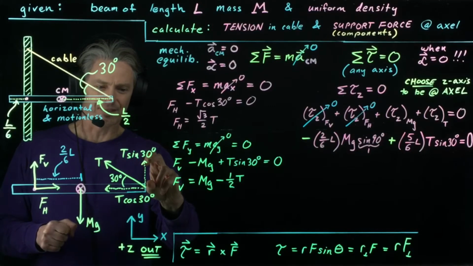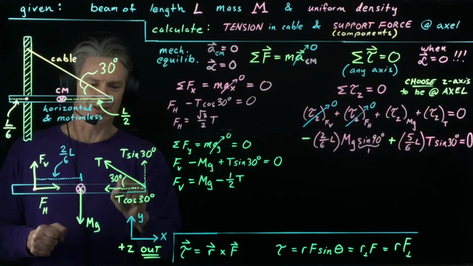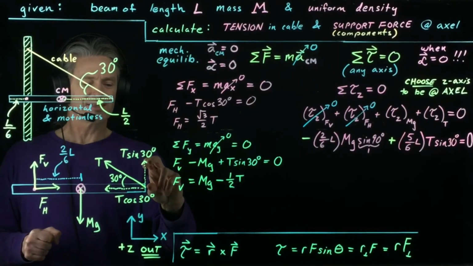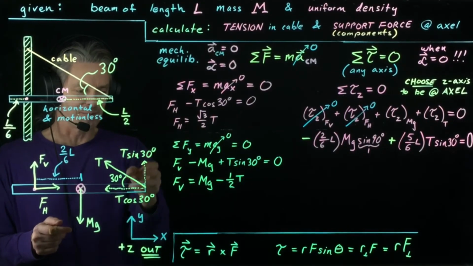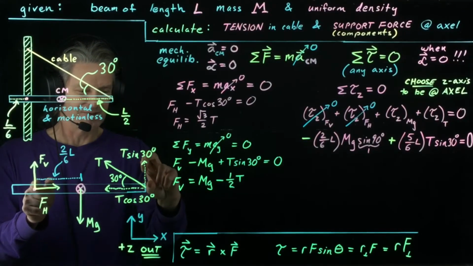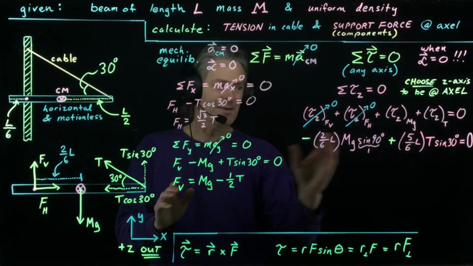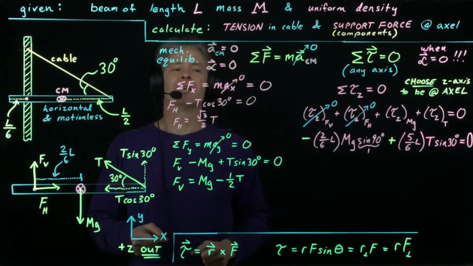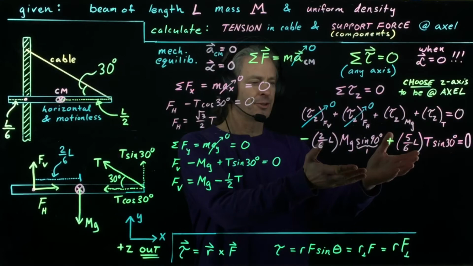All right, and this amount is T sine 30. So using this, F perpendicular, only this part will produce a torque. So I could take this, 5/6 L, times this, T sine 30, same thing that I wrote here. Both these things give the same thing. All right, great.